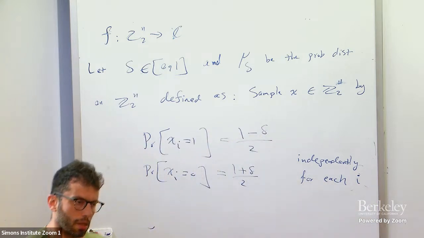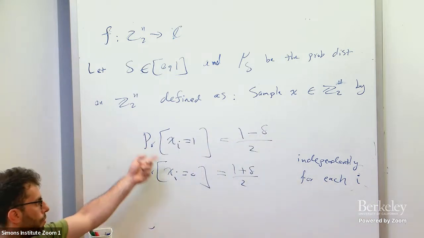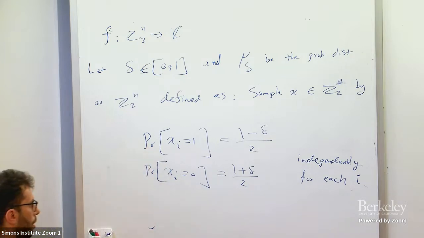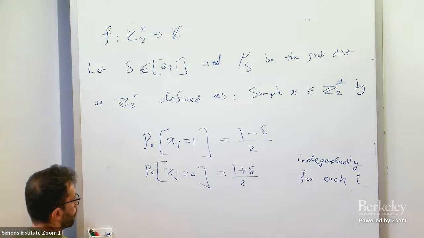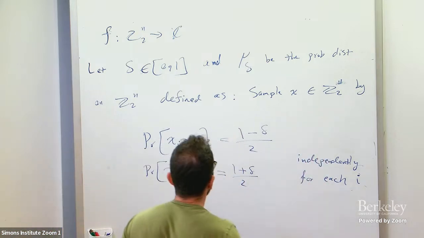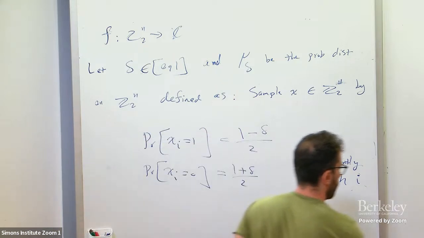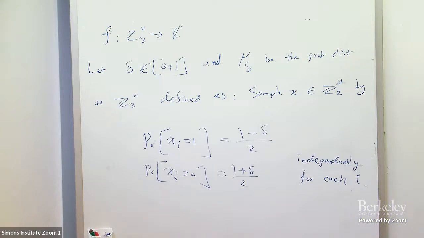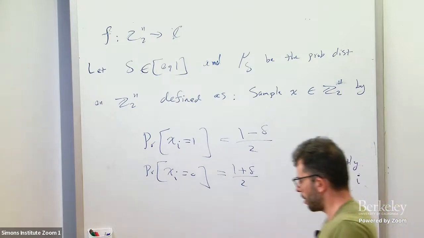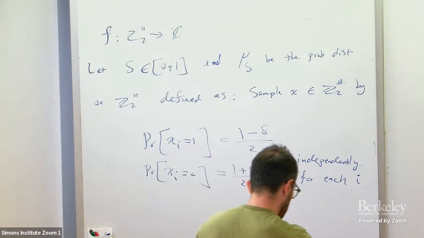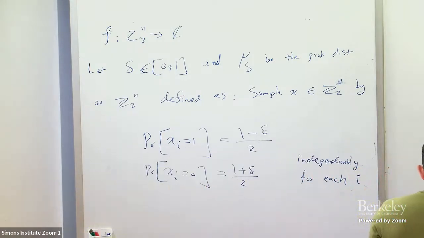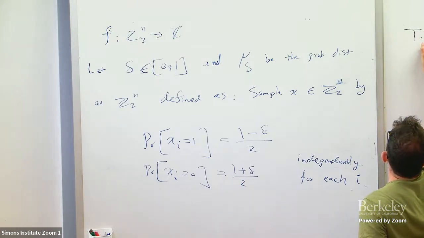So for each coordinate, I'll independently sample it to be 1 with probability (1 minus delta) over 2, and 0 with probability (1 plus delta) over 2. So that gives me a distribution over Z2 to the n, which I denoted by mu delta. So now let's look at this operator, which we call the noise operator, T delta.